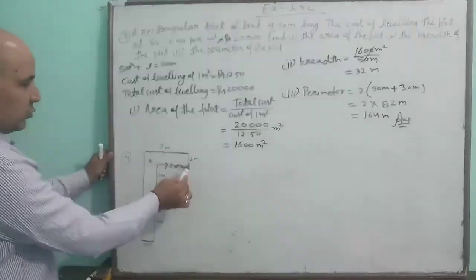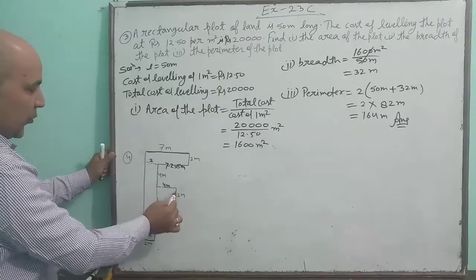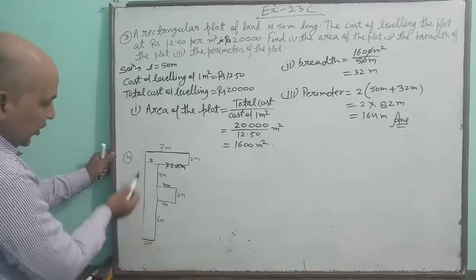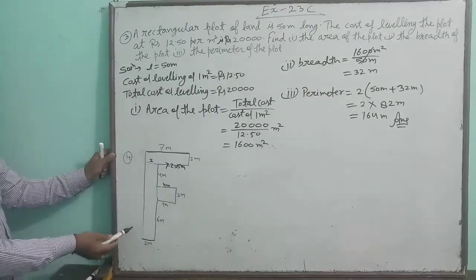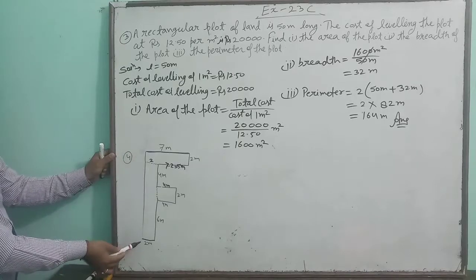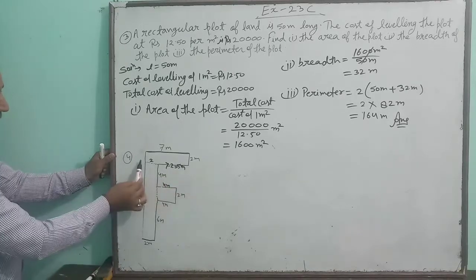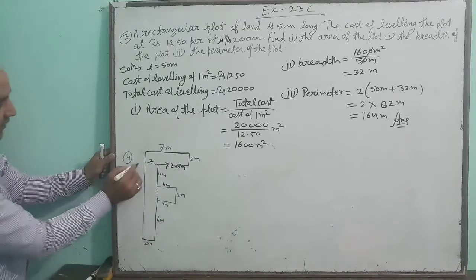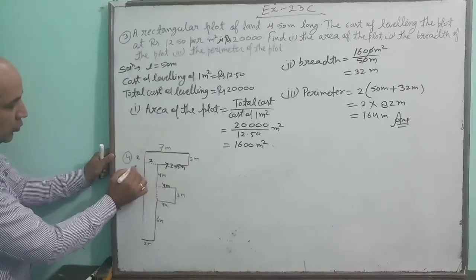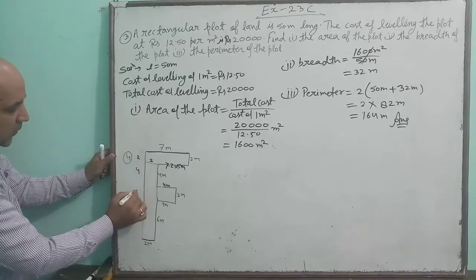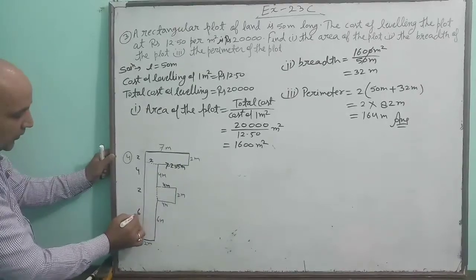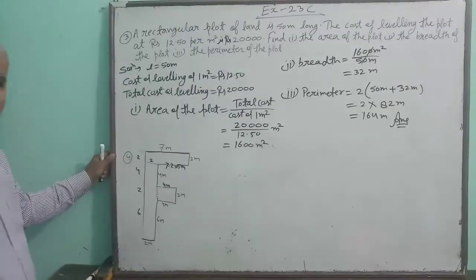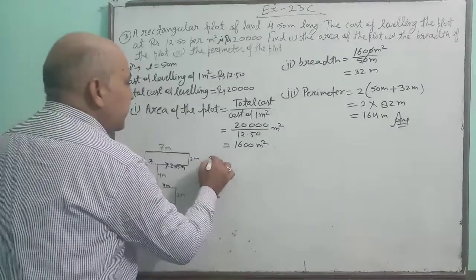See, 7, 2, 5, 4, 4, 2, 4, 6, 2. This length we do not know. How will you know this length? 2 meter plus 4 meter plus 2 meter plus 6 meter. 2 plus 4 plus 2 plus 6. Understood?